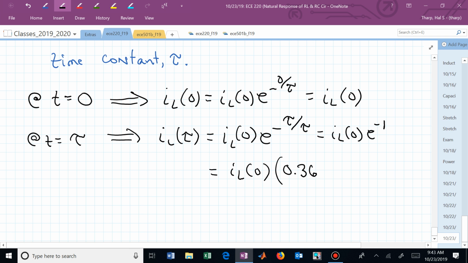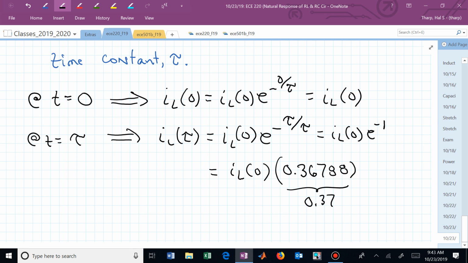I wrote it down, 7, let's say 8, but we typically, and if we just keep going, 3.6788, we typically just approximate that to be 0.37. Or now we're 37% down from where we started, and you can kind of visualize that.